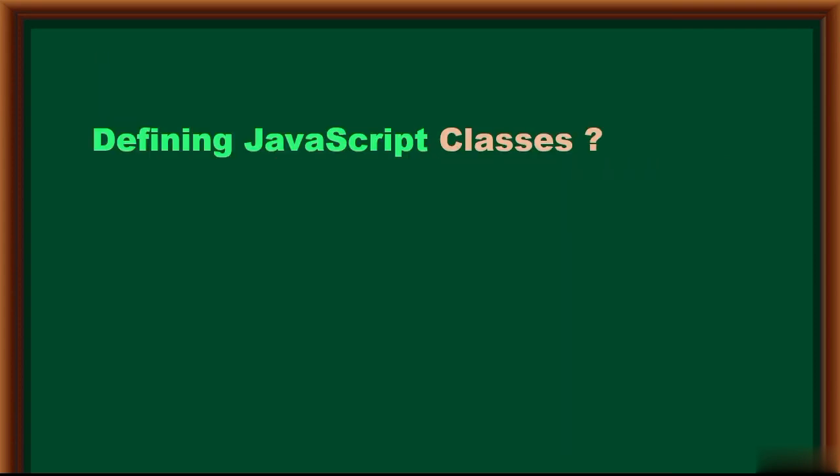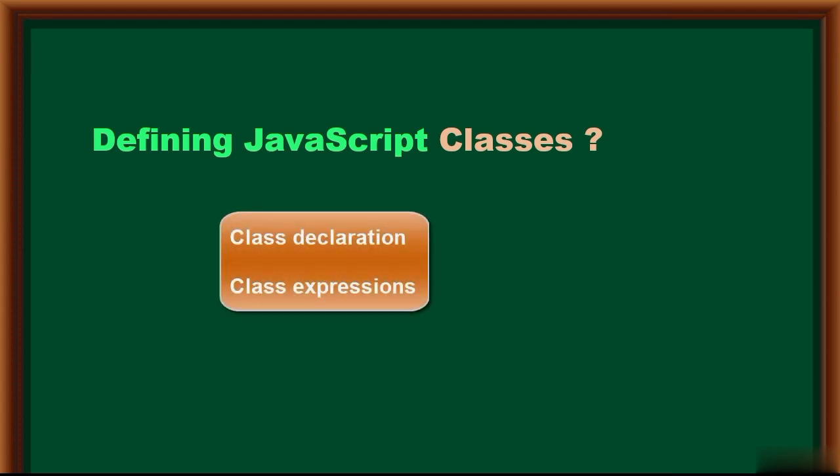Because classes are functions, you can define classes just like you define functions. So you can define, just like you have a function expression and also a function declaration. When you're using the class syntax to create classes, it consists of two components, class expressions and class declarations. So there are two ways you can create classes using the class syntax.